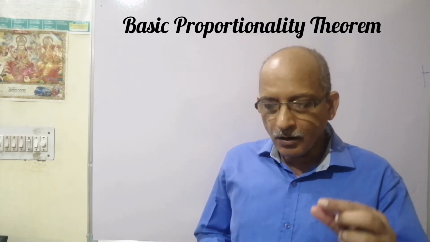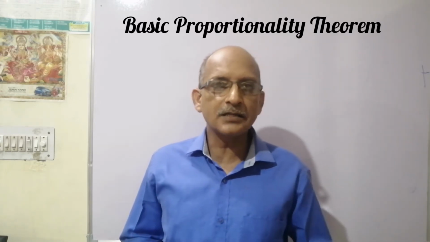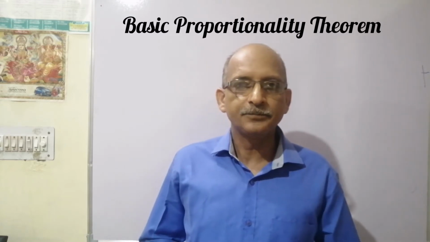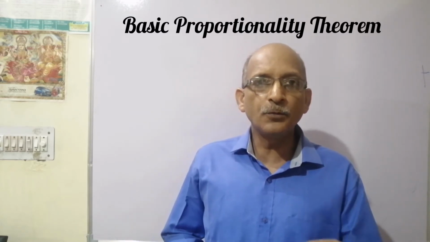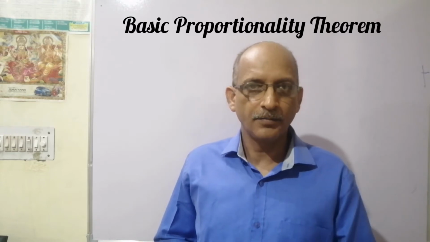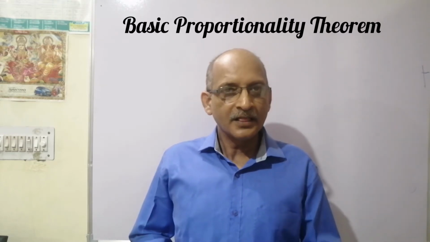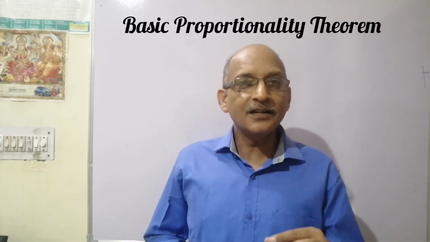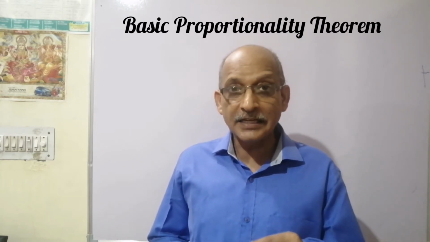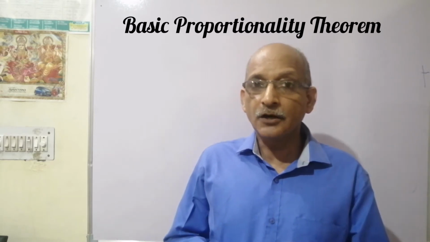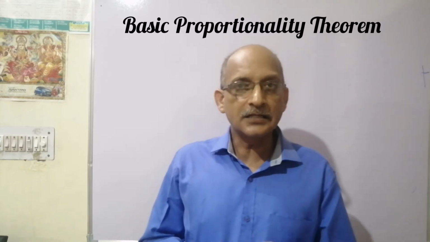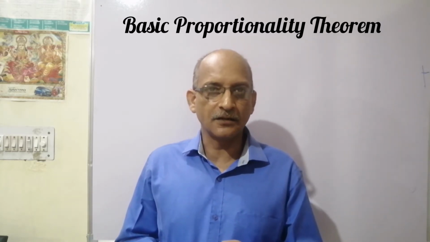Now how is the question asked on it? Sometimes they say state and prove basic proportionality theorem, or they can say state and prove Thales theorem. Why Thales theorem? Because this theorem was proved by Thales himself, a great mathematician.